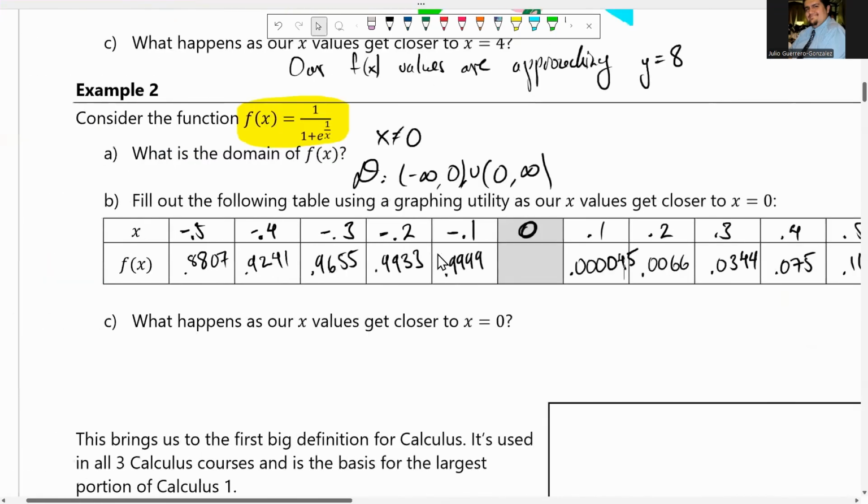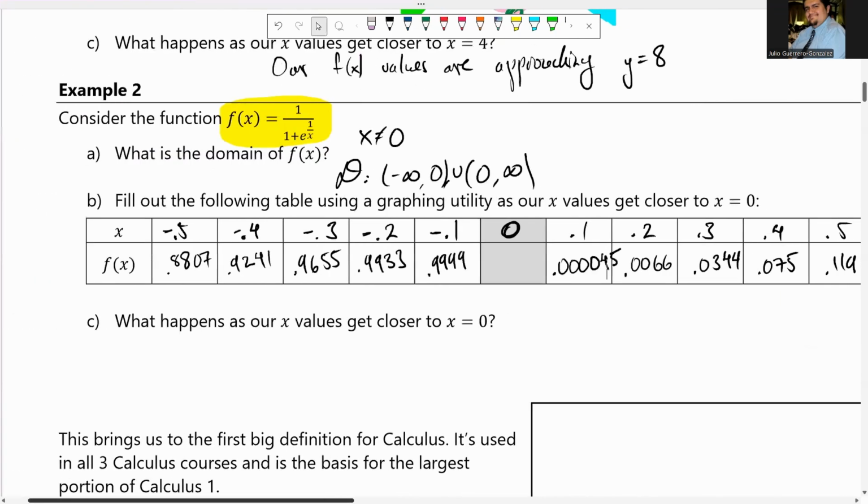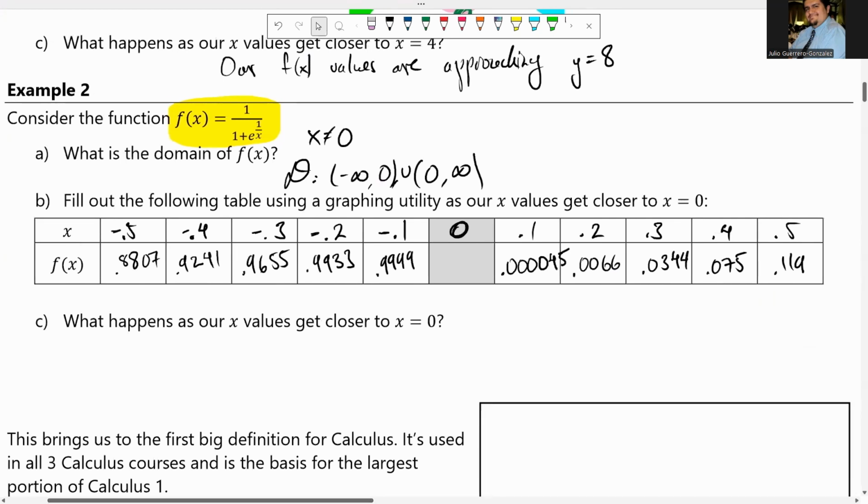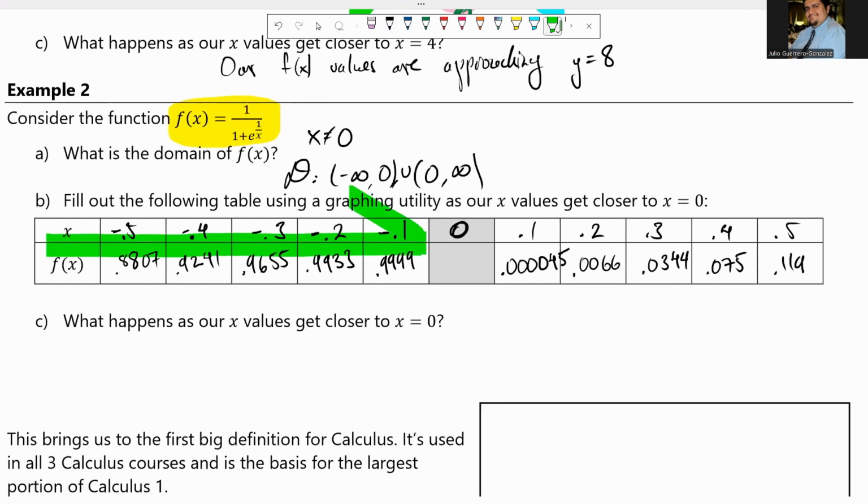Let's put those tables front and center again. Here we go. Okay. So, we're going to do it again, right? We're going to get closer to 0 from the negative end, and then we're going to get closer to 0 from the positive end. Notice what happens this time.